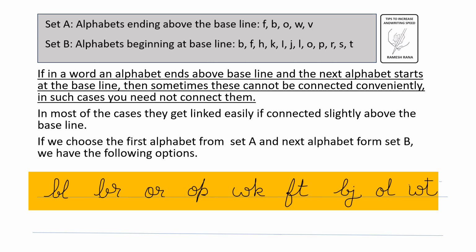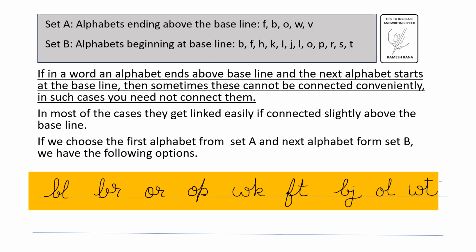Now, we are going to discuss alphabets or the sets of alphabets which are not so convenient to link together. In the first type, both alphabets were at the same position, meaning the first alphabet ended at the baseline, the second alphabet started from the baseline.